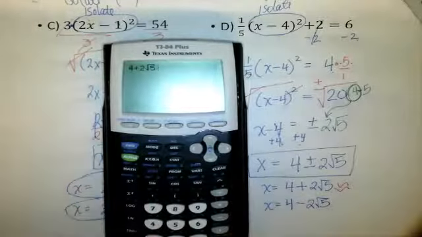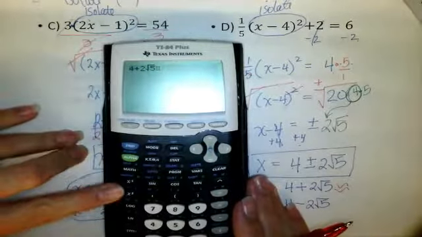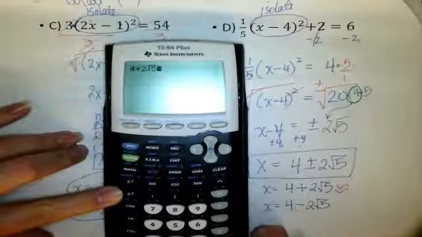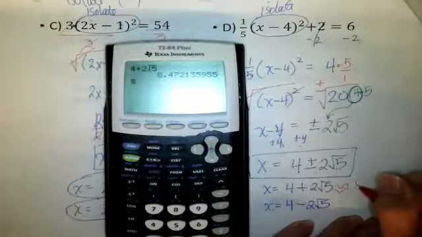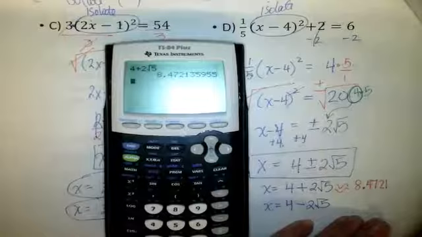You should be able to find your radical button on your calculator. On my TI, it's a second function, so you do second and then the radical. It gives me a decimal approximation of 8.4721, and it goes on and on and on.